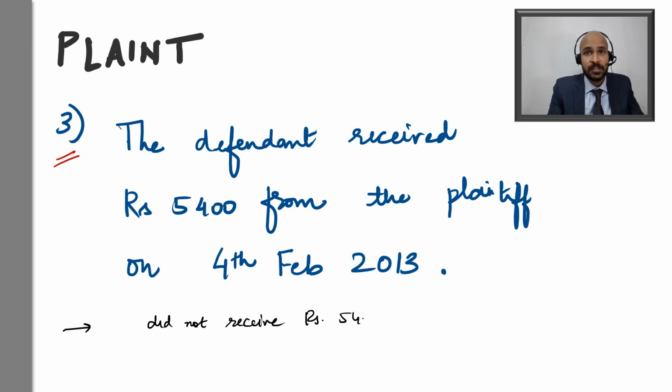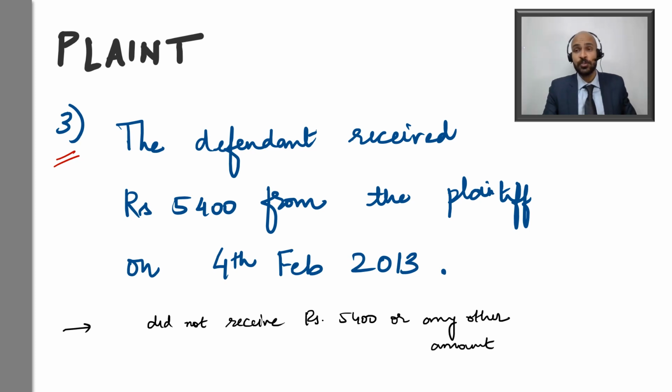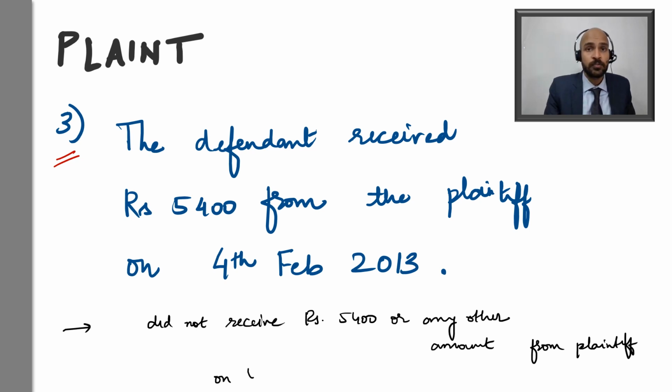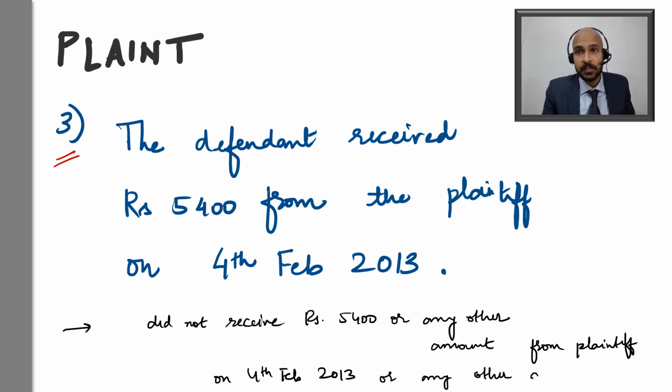So you have to say in the written statement, if you want to deny this, that the defendant did not receive rupees 5,400 or any other amount, because you could be someone that says, hey, I did not receive 5,400, but I received 5,399. So you say, I did not receive 5,400 or any other amount from the plaintiff on the 4th of Feb 2013 or any other day.